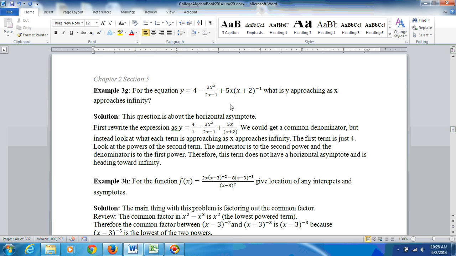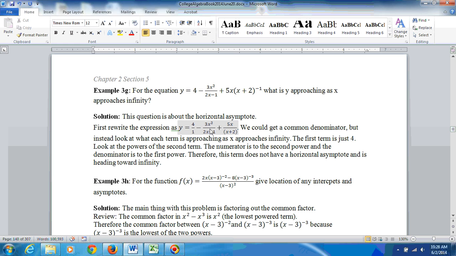On this one, what's going on here? What is y approaching as x approaches infinity? In other words, what is the limit as x approaches infinity on this thing? Well, here's a 4. Here the degree of the numerator is 2 and the degree of the denominator is 1. But when that happens, this approaches infinity. It really doesn't matter what this approaches, this is still 5.